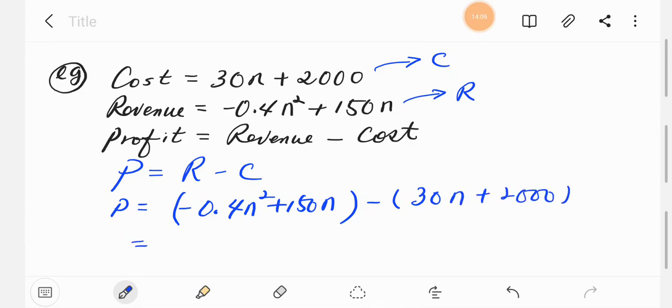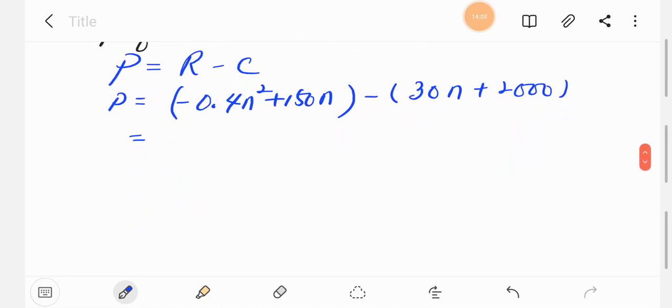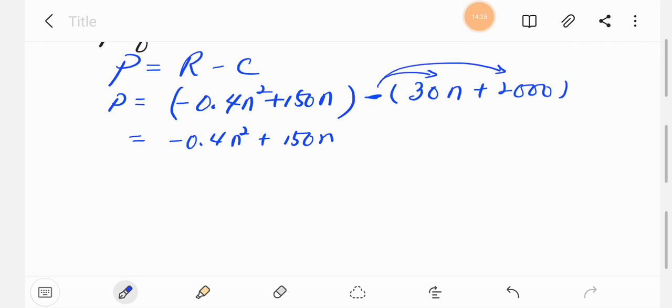And then what we do is simplify this expression. So this will be negative 0.4 n squared plus 150n. And for the second polynomial, this is a subtraction, so we have to change the sign of each term inside the second polynomial. So minus 30n, then minus 2000. Then combine the like terms and write in descending order by the exponent.